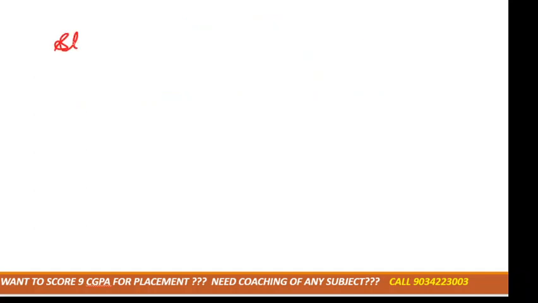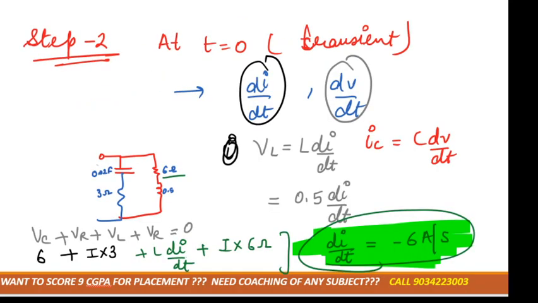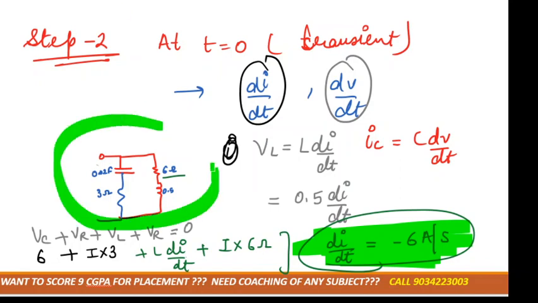Next is step number 4. We have to calculate the transient condition. First we have to see that it is a series circuit, series RLC, at t equal to 0. We have to see for the transient. RLC are in series.